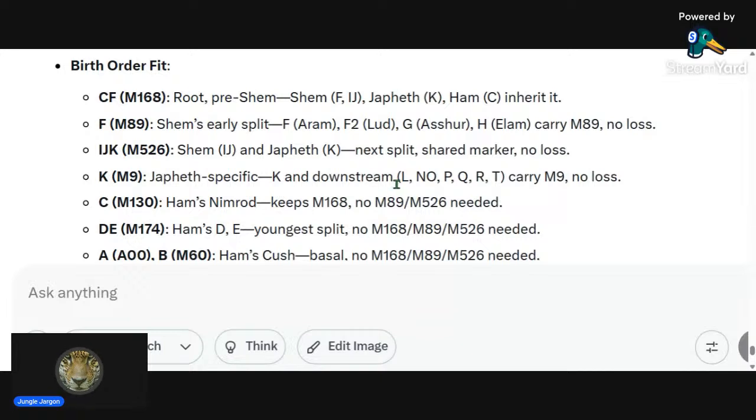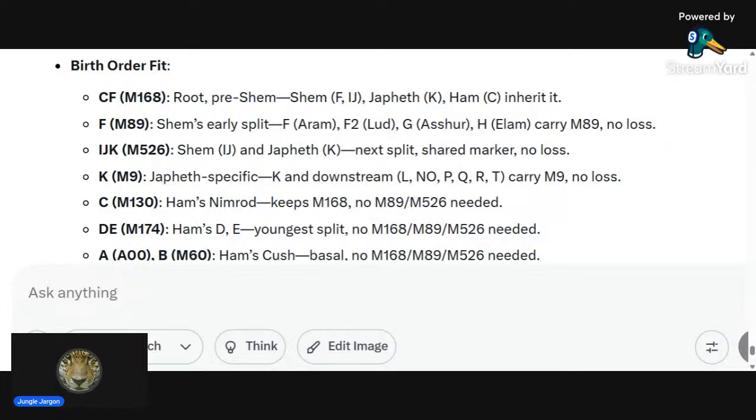These two markers here. So DE 174, Ham's DE younger split, no M168, and no M89 or M526.